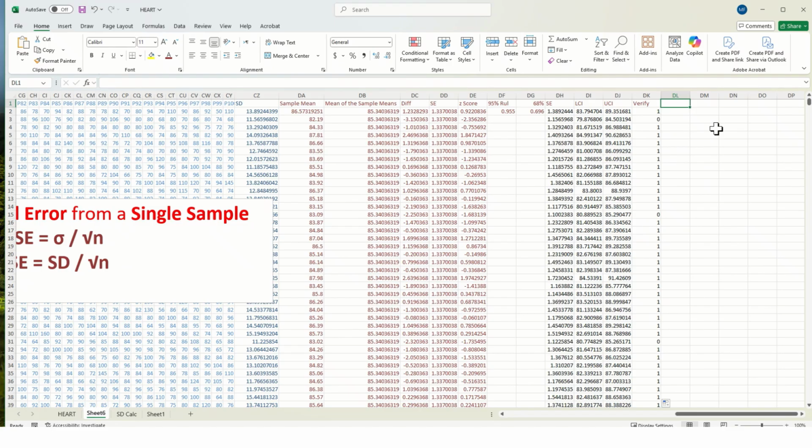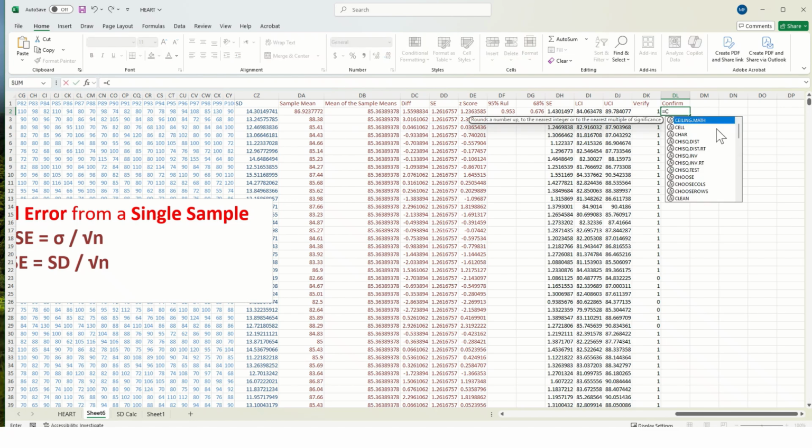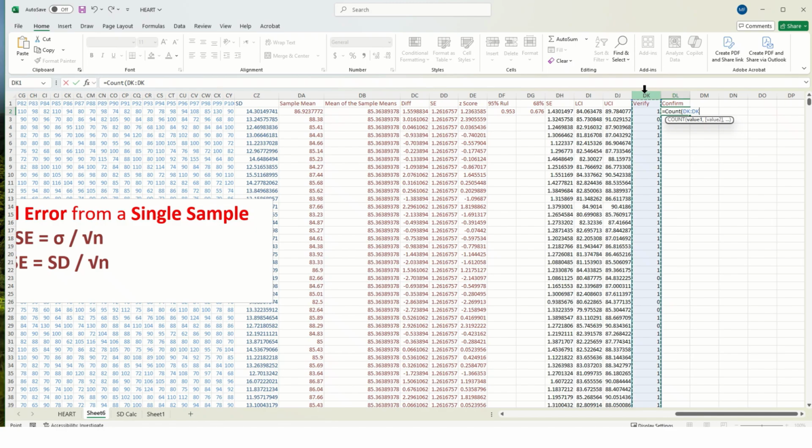Okay, and confirm, just labeling them with random headers. Okay, count, this DK to DC, COUNTIF, this to this is 1.